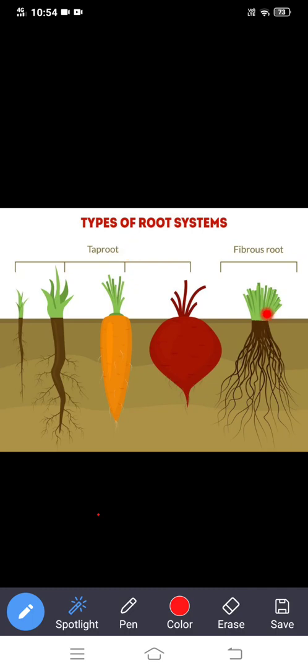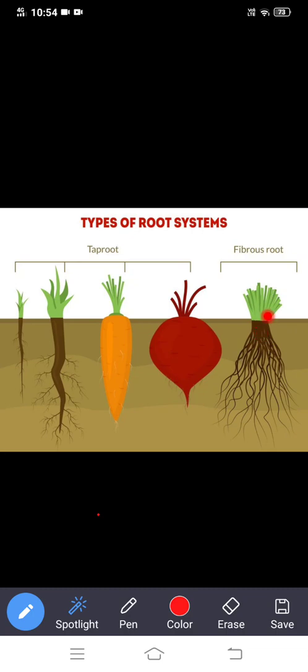Whereas fibrous root, all the grass plants come under the category of fibrous roots. Examples are paddy, wheat, all the grass family. When we observe the seed, it will have only a single cotyledon. Just by observing single cotyledon and parallel venation, we can conclude that it will definitely have fibrous root system.